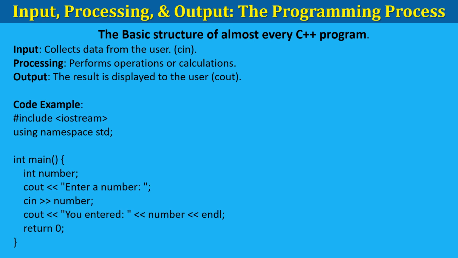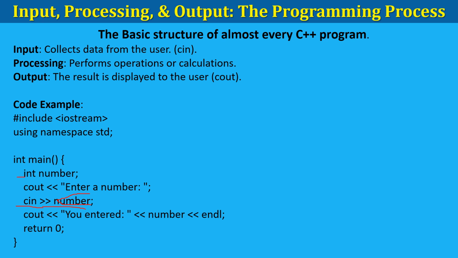Code example: the line cin >> number collects input from the user and stores it in the variable number. Input data needs to be collected in the correct format. In this case, the program expects an integer input.